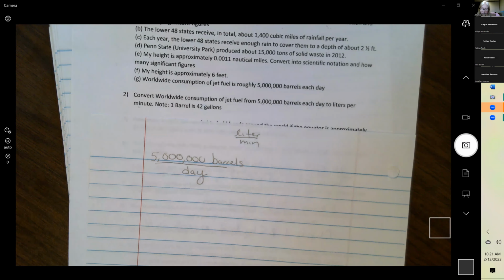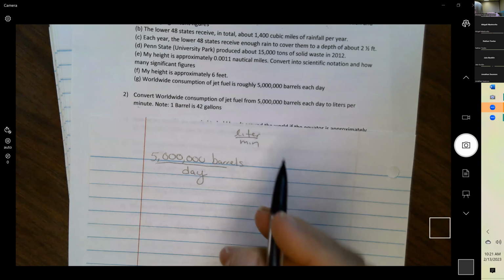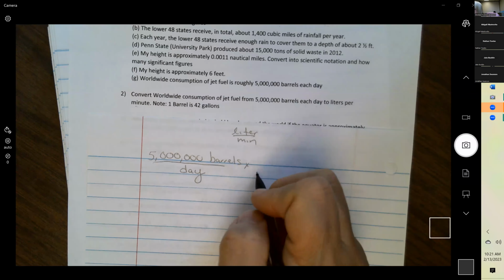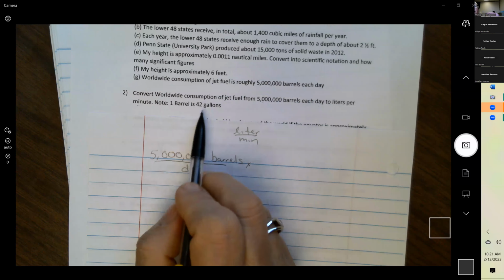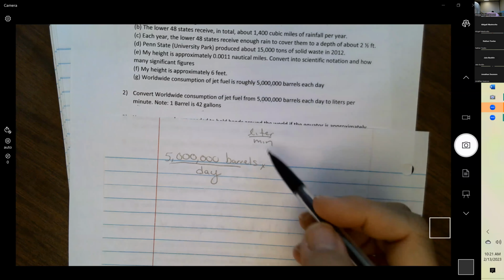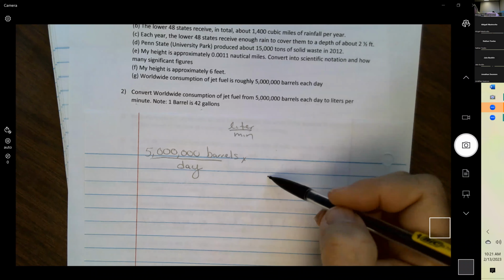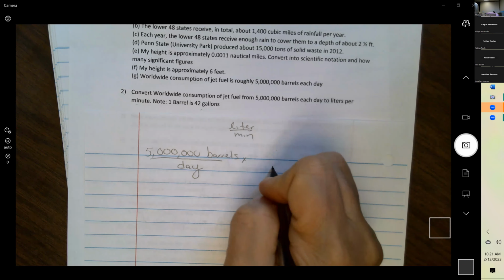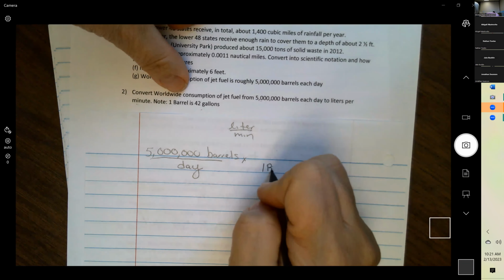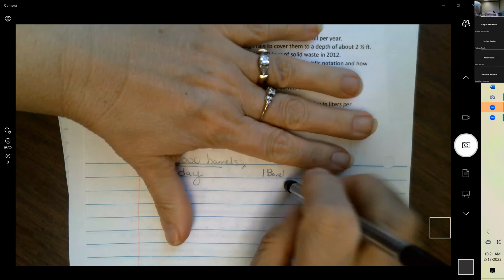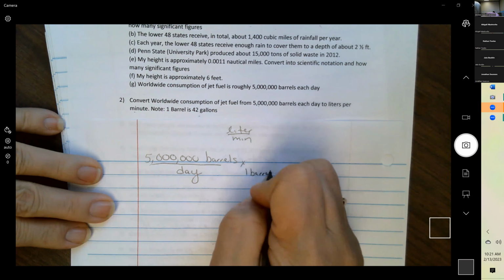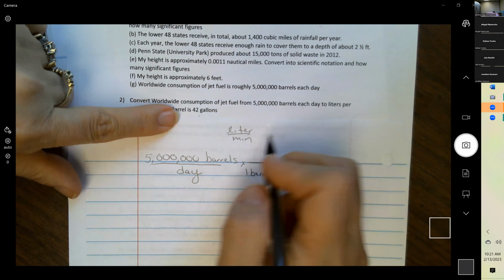So, we need to get to liters though, but we know 1 barrel is 42 gallons. Now you have to decide if you're going to put barrels on top or bottom. This barrel's on top. To cancel it, I need it on the bottom. So 1 barrel, 42 gallons.